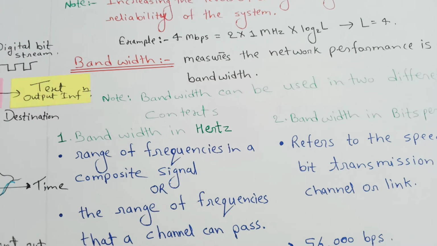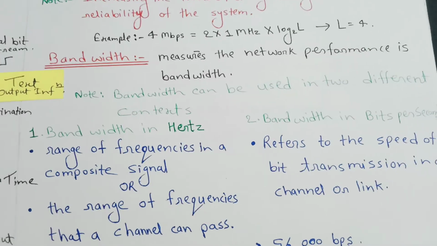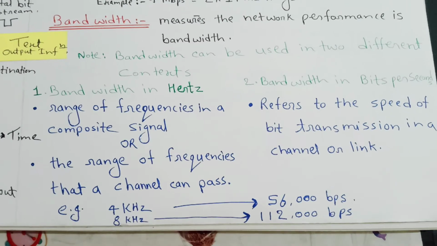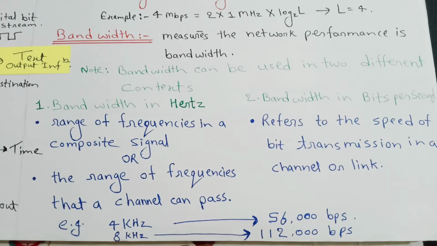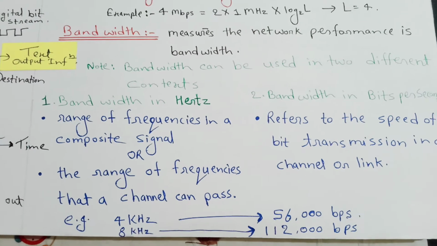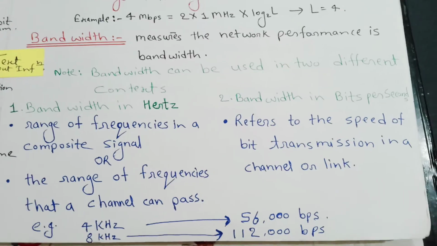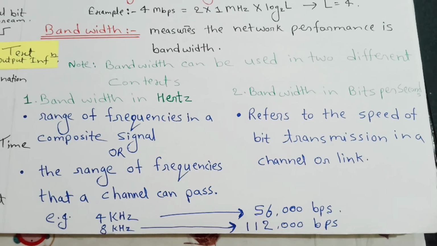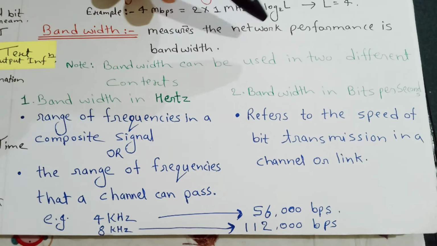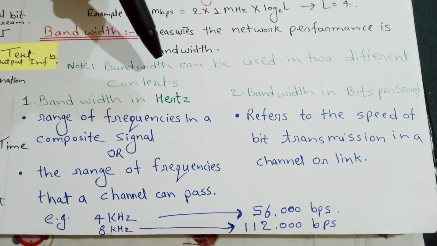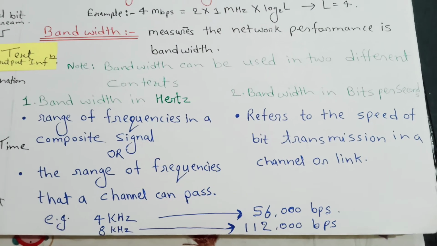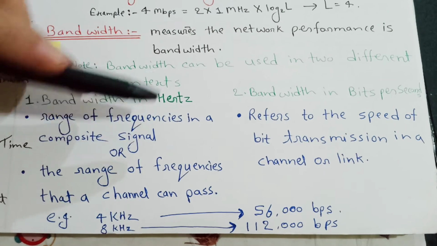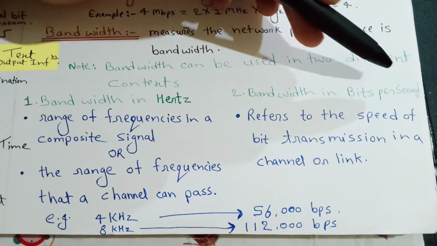It tells how the network is working, whether it is good or not, or in which condition, so we use bandwidth. Note that bandwidth can be used in two different contexts. We can use it in hertz and we can use it in bps, bits per second.